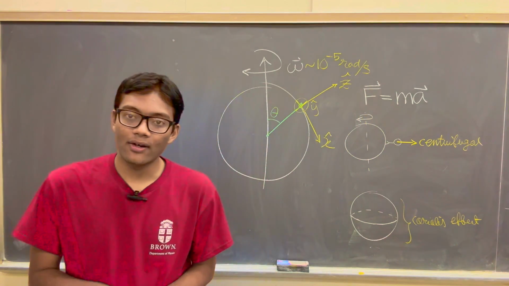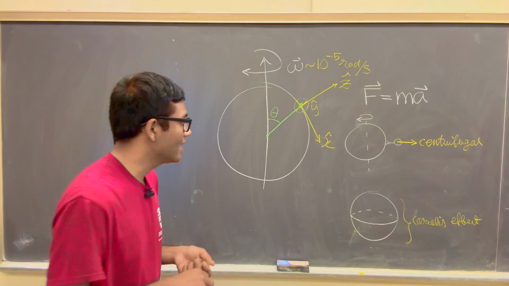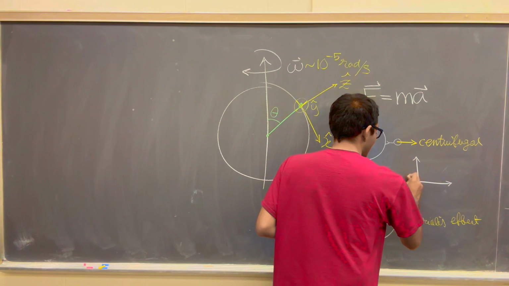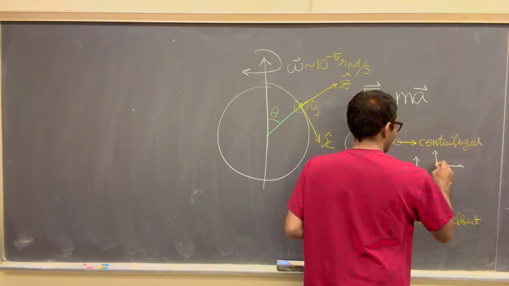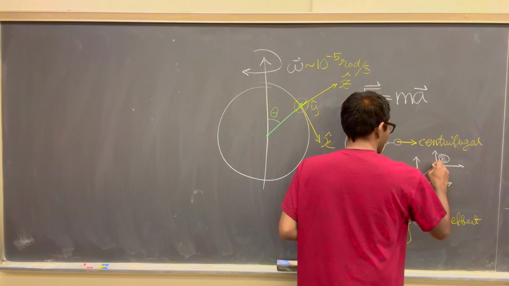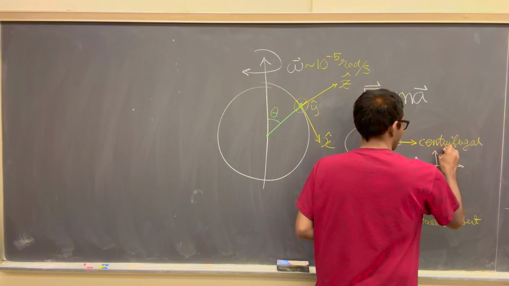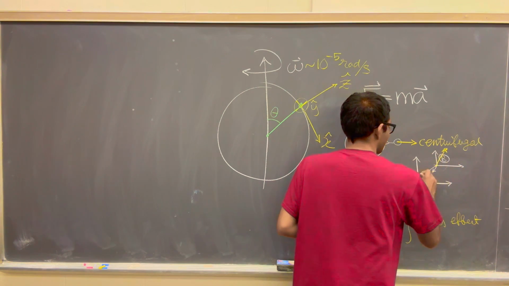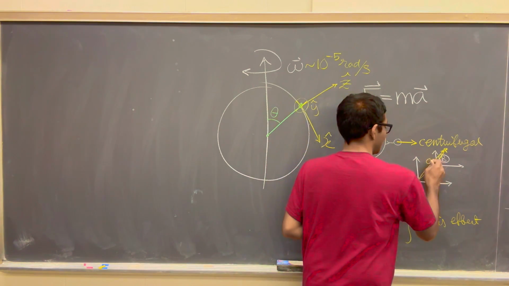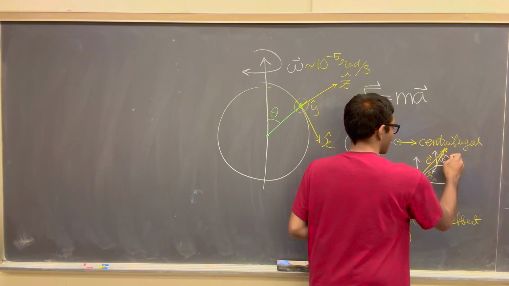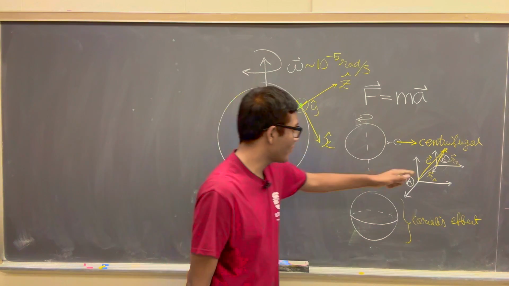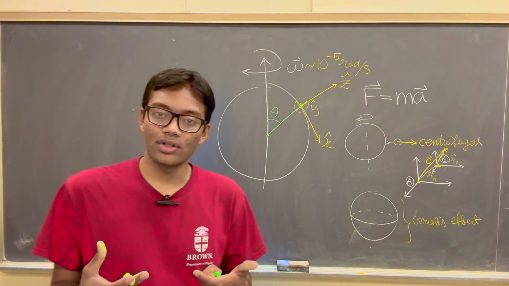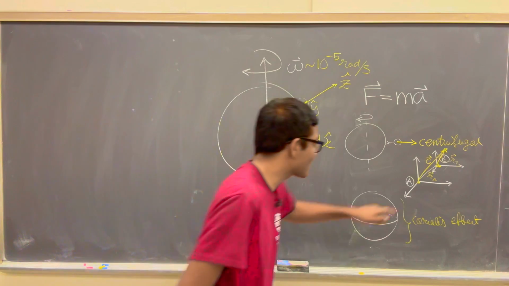A third effect that we have to account for is the acceleration of coordinates. Okay, in rotating reference frames, let's say you have some kind of a reference frame A and a second reference frame B, which may be accelerating with respect to A. And let's say you're trying to consider the position vector for a point over here, let's call this point C, a point C that is in reference frame B. Then if reference frame B's origin is displaced from reference A's origin, then we're going to have yet another term due to the displacement of the origin and the acceleration of this point.